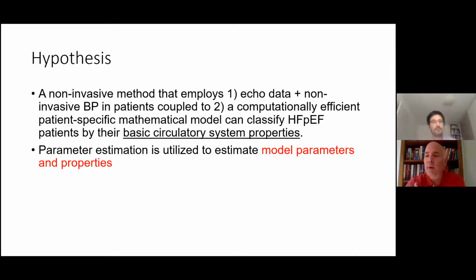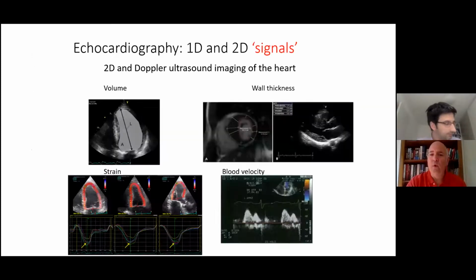And then the long-term hypothesis is that these circulatory system properties will be able to statistically characterize different phenotypes of the disease, and hopefully we can then pinpoint patients into specific clinical trials based on the underlying mechanism. So that's the long-term work here.